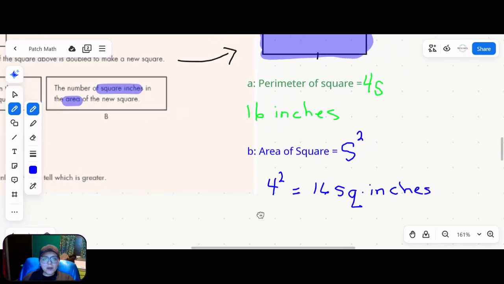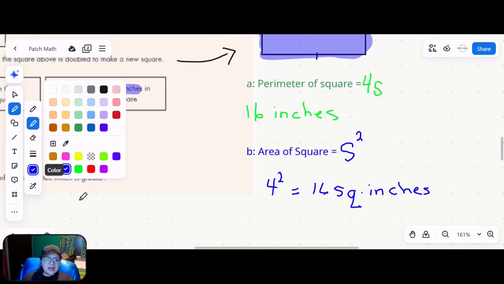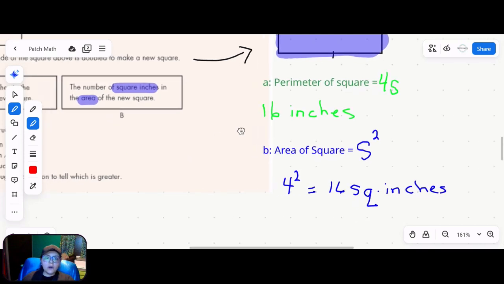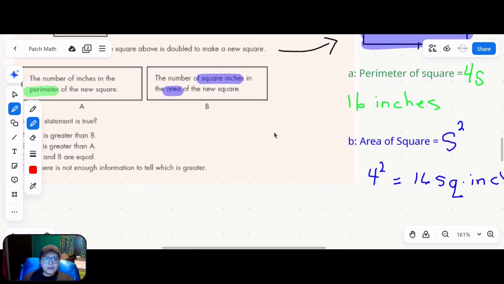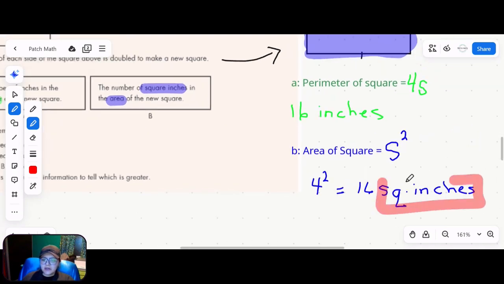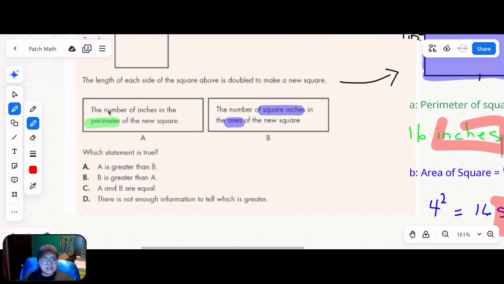All right, so now we have to be careful here. When I was first taking a glance at this, I was like, oh, automatically A and B can't be equal because one's inches and one's square inches. The units are not the same. But we have to be careful. If we look here, it says the number of inches and the number of square inches. So it's the number in front of our units there.